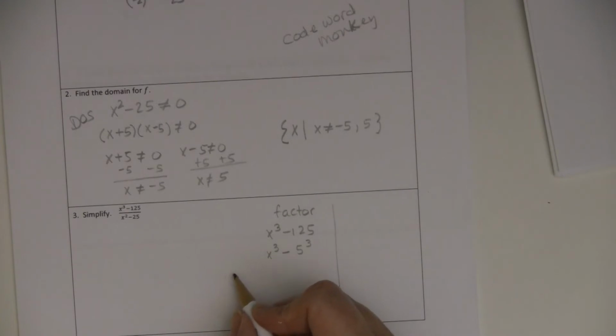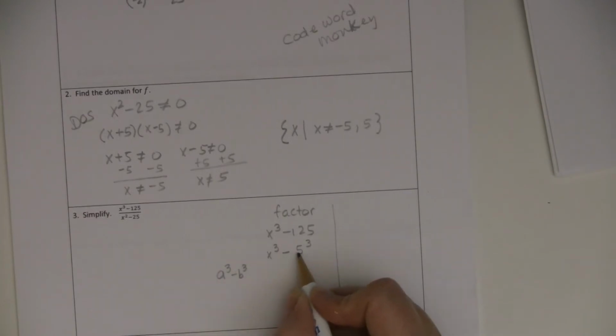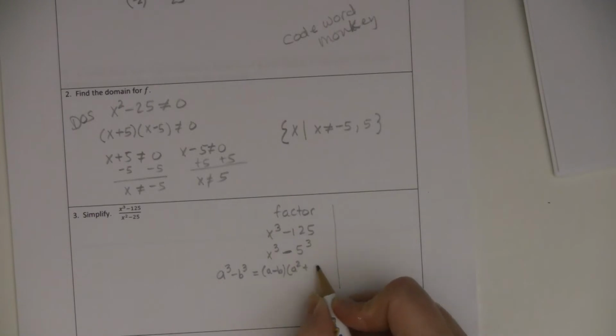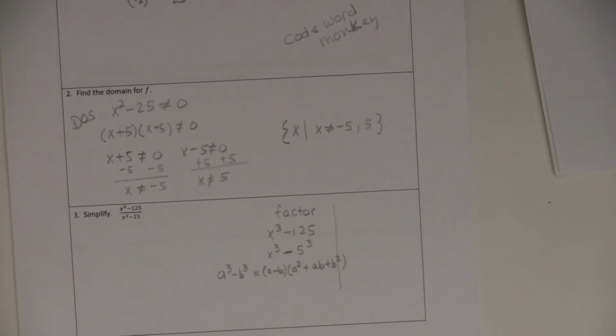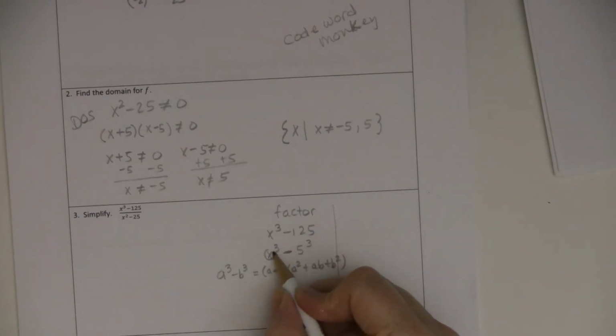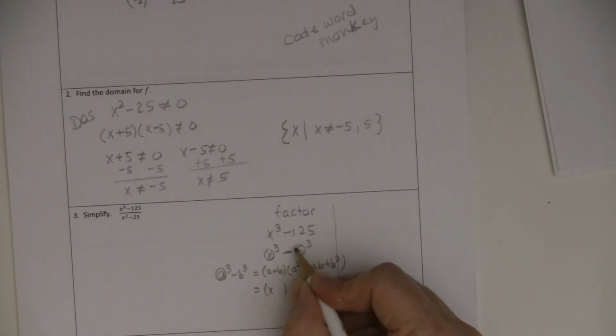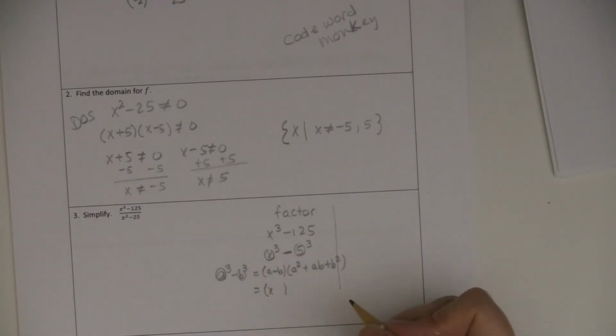So if you're a formula user, then we know that it's going to look like this. a cubed minus b cubed, because I have to make sure I have minus in there, equals a minus b times a squared plus ab plus b squared. That's the formula. And everywhere you see a, you're going to be putting in x. And everywhere you see b, you're going to be putting in 5.